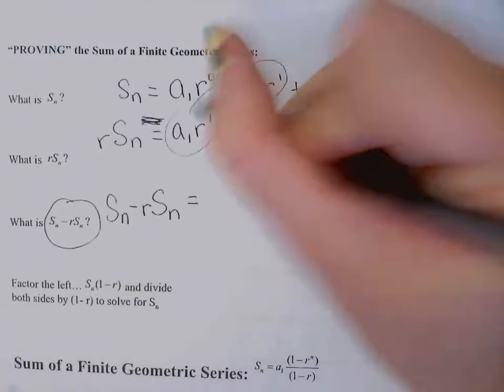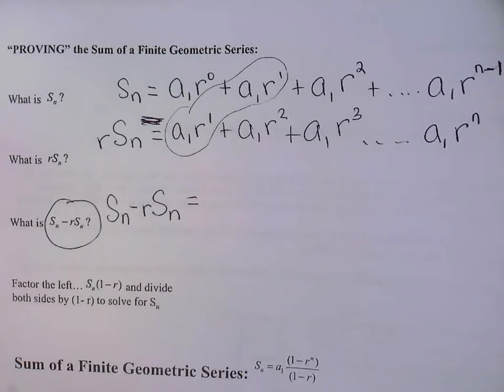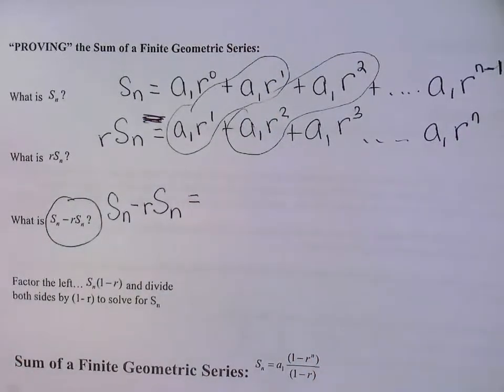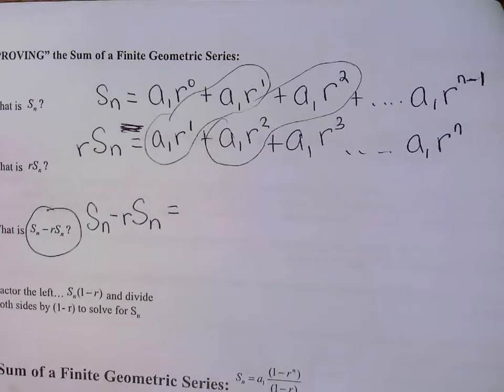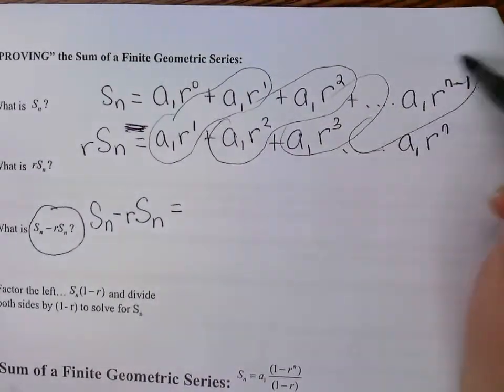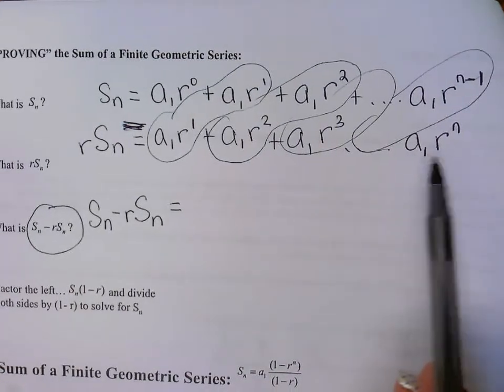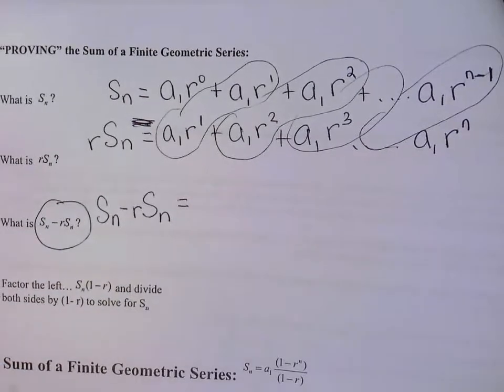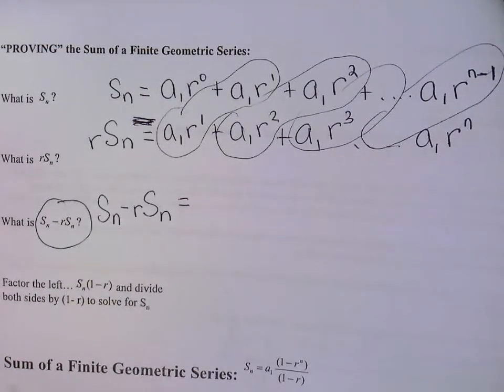Aren't those two things going to subtract from each other and go to 0? And actually, won't everything subtract with a partner except for this guy, right? And except for this guy. They're not going to get a partner to subtract from. Are you with me kind of so far?